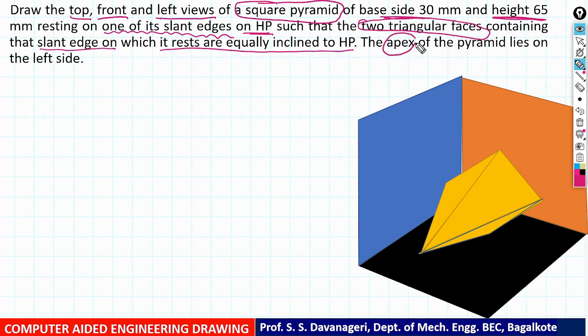The apex of the pyramid lies on the left side.